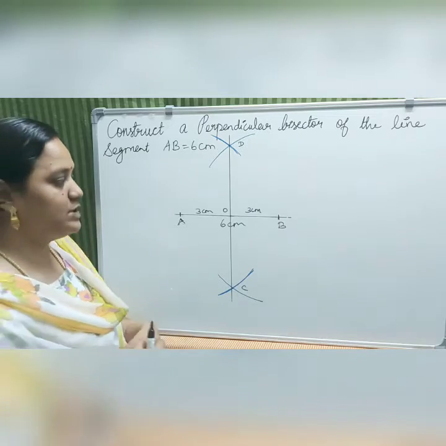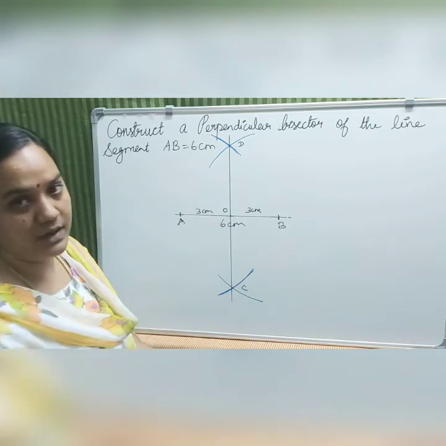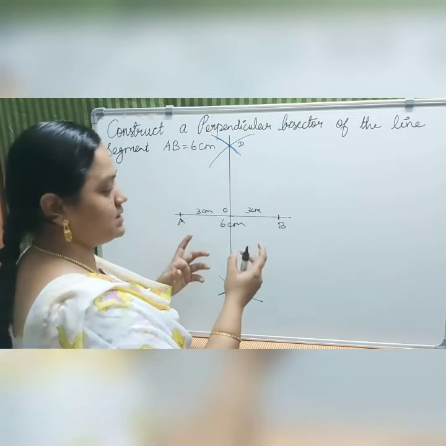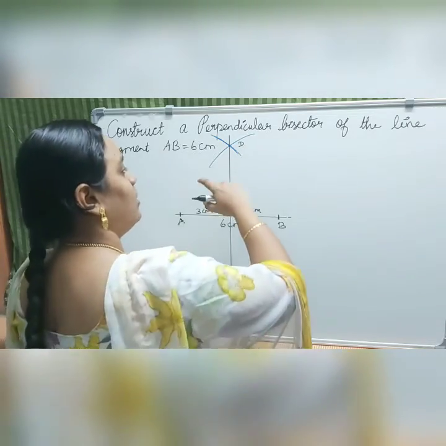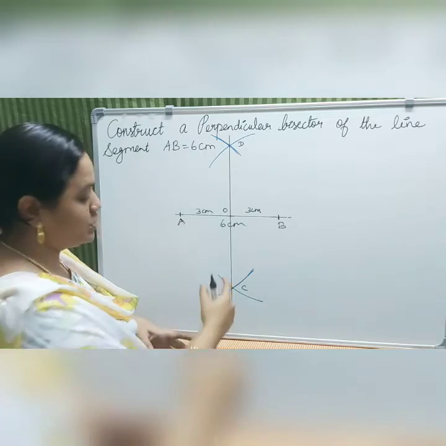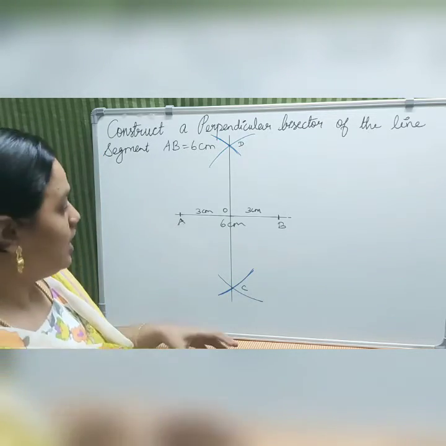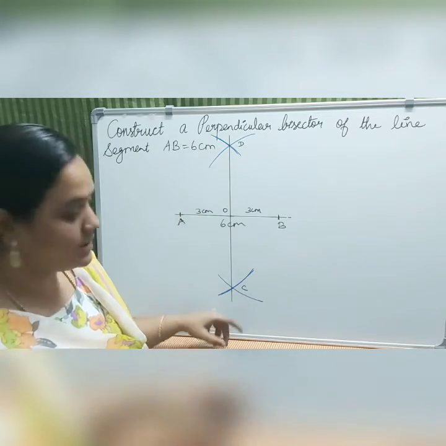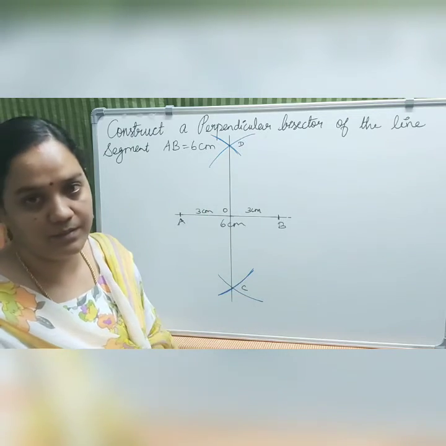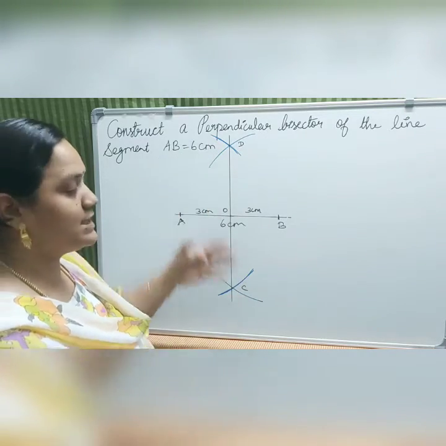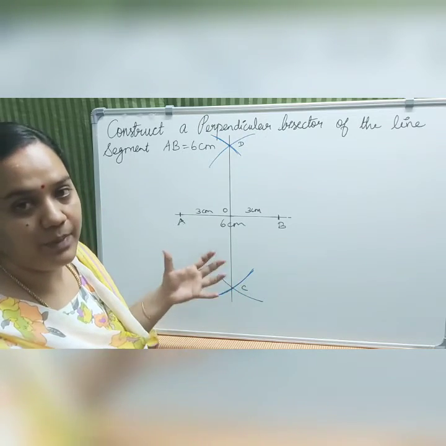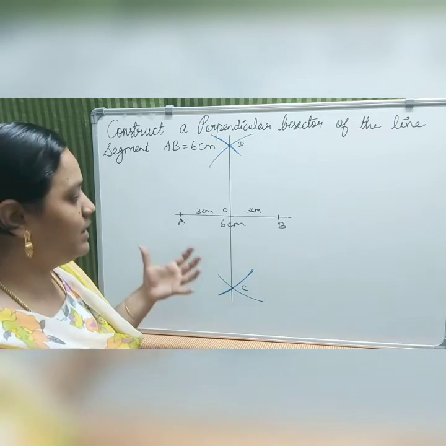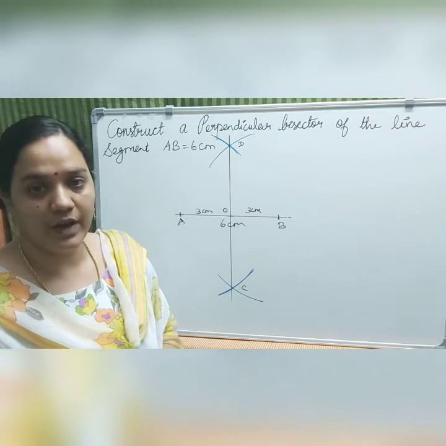The next point is with B as center, with the same radius more than half, cut an arc above AB and also below AB. Mark the two intersection points as C and D. Join CD. CD is the perpendicular bisector for the line segment AB. That is your final step.